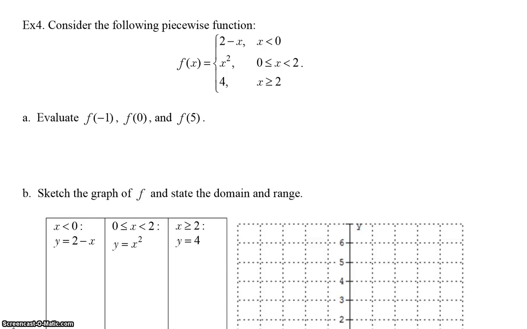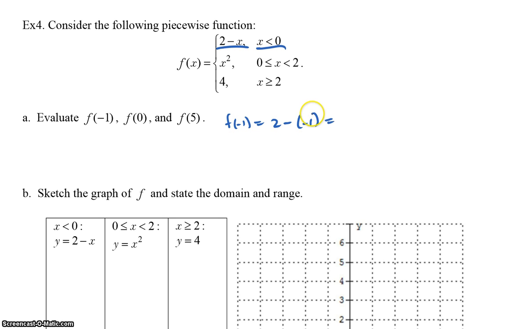Let's evaluate f at 3 different values of x. First of all, f of negative 1. If x is negative 1, then x is less than 0, which means we compute the function according to the rule 2 minus x. So f of negative 1 would be computed as 2 minus negative 1.